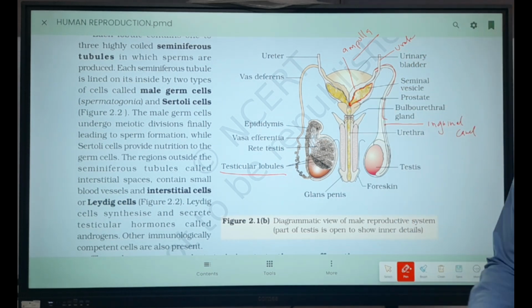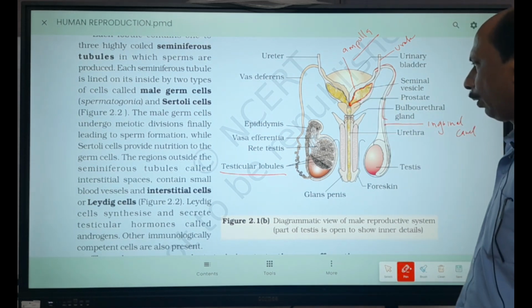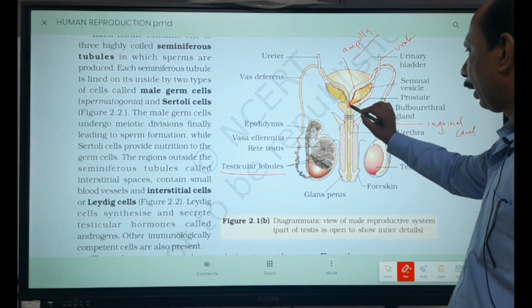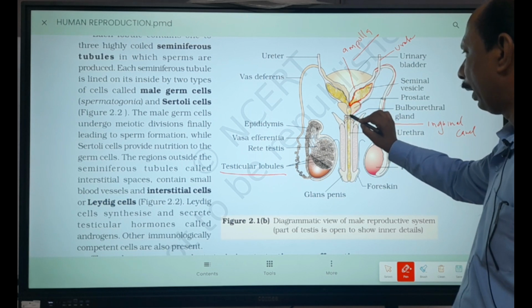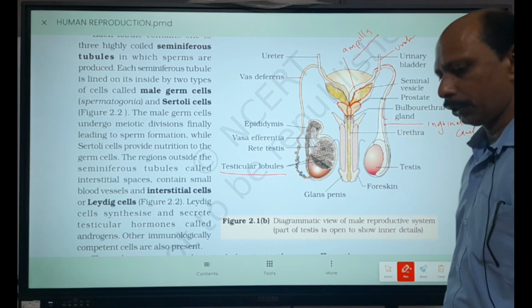Now this duct opens into the ring-like gland, that is called the prostate gland.